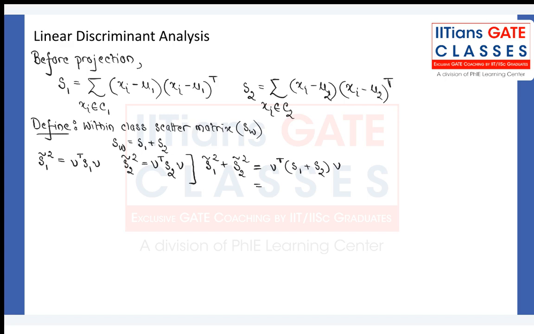S1 plus S2 is SW. So I can write this as V transpose SW V. Okay, let's say this is equation 1. Now we do another definition. We define another term.